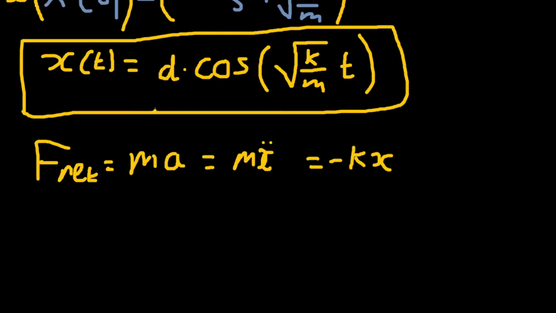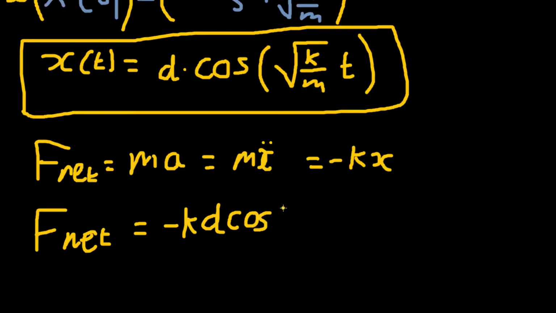Well, we've got x here. We know what x is. Therefore, the net resultant force on this spring is nothing other than negative k times d times the cosine of the square root of k over m times the time. And this is actually a function of t.